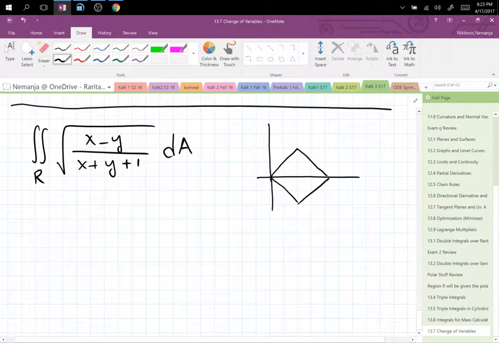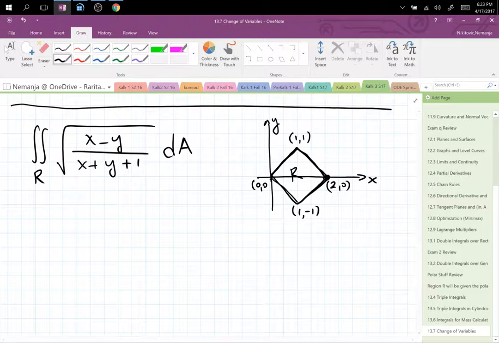With points 1, 1, 2, 0, 1, -1, and clearly 0, 0. So this is region R on X. Can we transform this?